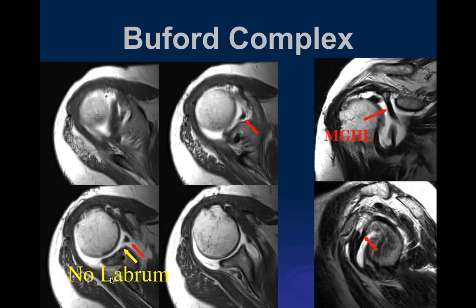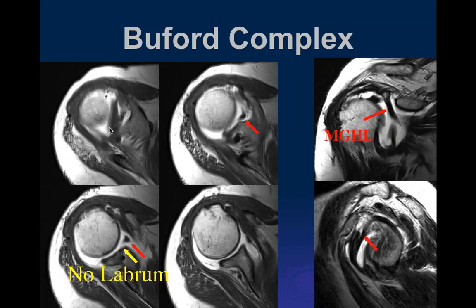Okay. Well, actually, let me go back. So here's the biceps tendon here. That's the middle glenohumeral ligament. And they really kind of attach to the bone in a similar location here. That's superior, isn't it, John? That's superior ligament. Yeah, so this is the origin we talked about earlier.